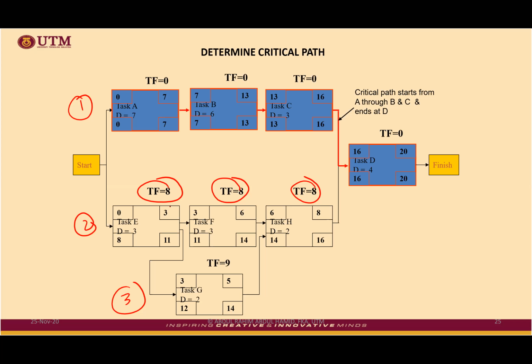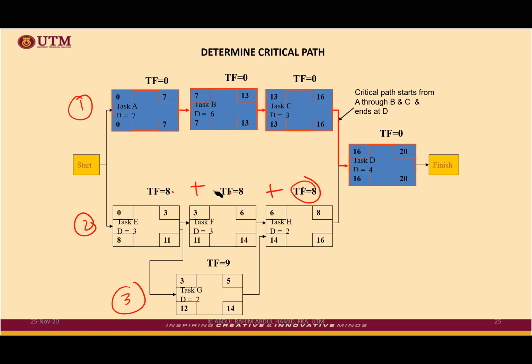But you notice one thing, 8, 8, 8, activity E, F, and H. It does not mean that those three activities have free float of 8 days, plus 8 days, plus 8 days. No, no, no. They are 8 days, meaning to say they have to share among themselves within the same path.